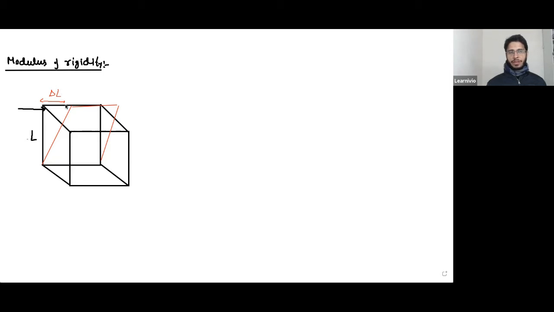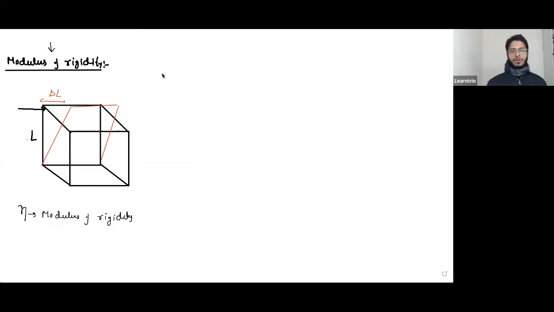So when the shape changes, then the modulus is known as modulus of rigidity. We represent modulus of rigidity by eta. Eta is modulus of rigidity.